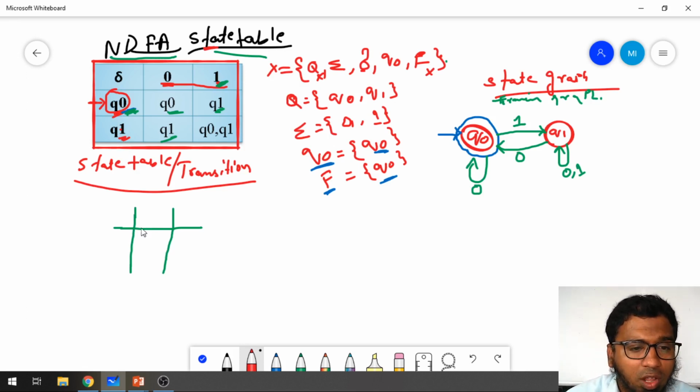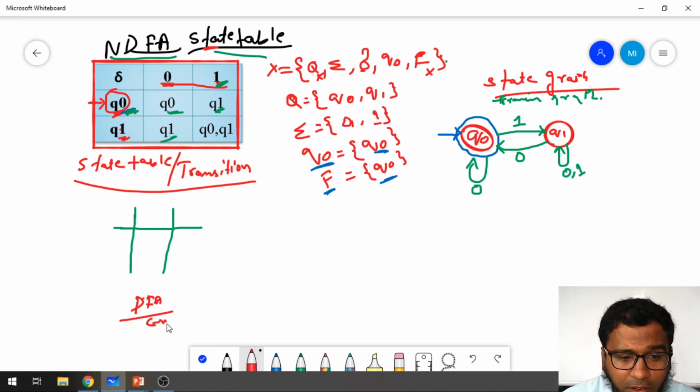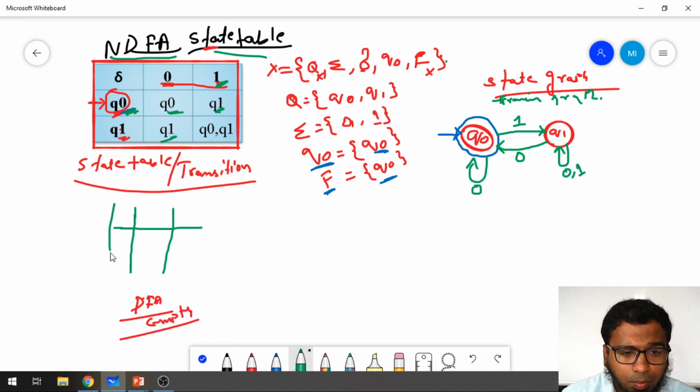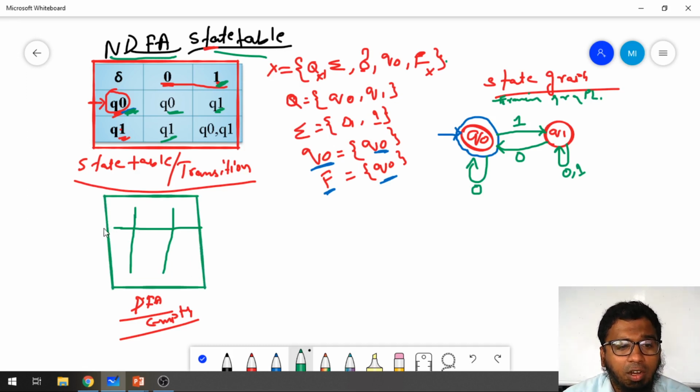First we need to draw the DFA, an empty table.